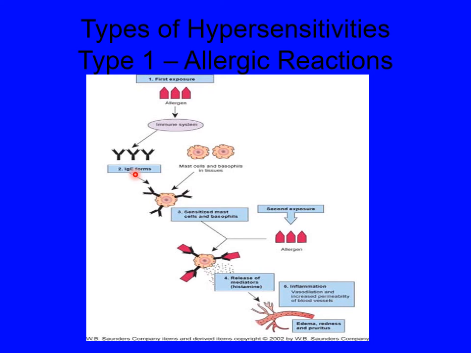And the IgE will attach itself to mast cells and basophils that produce histamine. And the sensitized mast cells and basophils are in place now, so that the second time that you are infected by that particular allergen, that causes the release of histamines, and the histamines cause the inflammation. So inflammation results in vasodilation, increased permeability of blood vessels, and that results in edema, redness, and pruritus, which is itchiness.